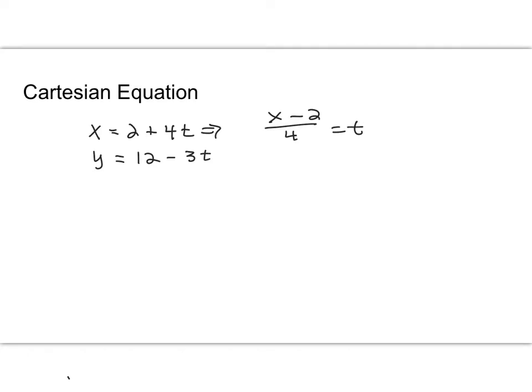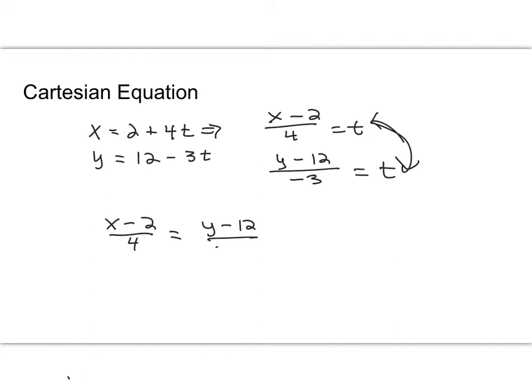And if I solve the y component equation for t, I get y minus 12 divided by negative 3 equals t. These both equal t here, so I can set them equal to each other. And I can solve that.